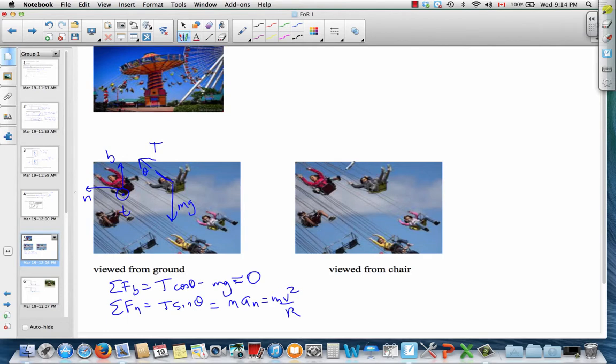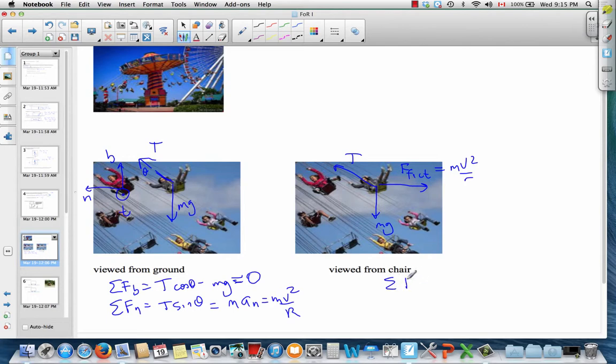Now, from the accelerated reference frame of being in the chair, you're accelerating because you're going around a circle. You could see the cable pulling on you, you know the earth is pulling on you. You will experience this outward fictitious force, which is called the centrifugal force, that has magnitude ma, or mv squared over r.